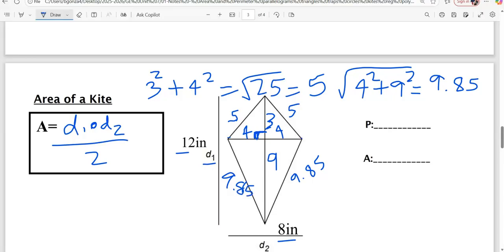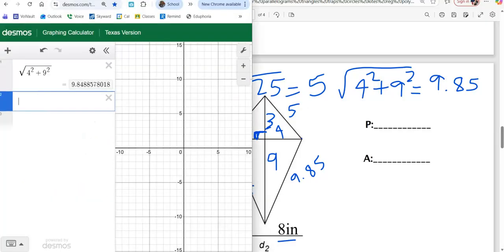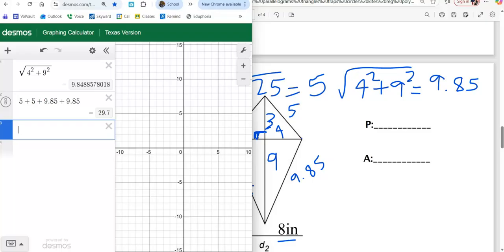So for my perimeter, I'm going to add up all 4 sides. So we got 5 plus 9.85 plus 9.85, and that's 29.7.